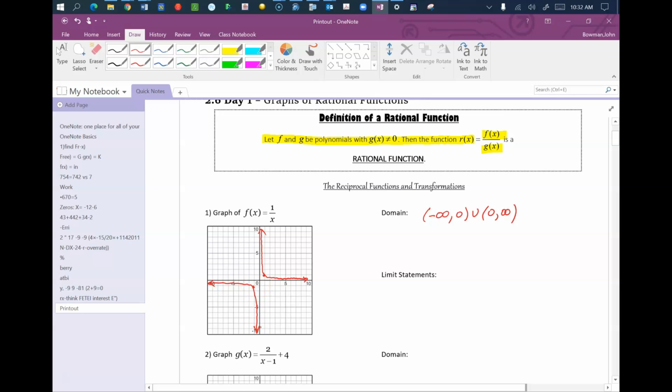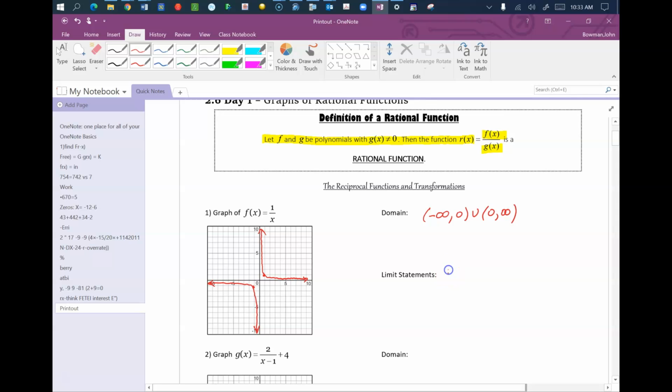We've got a vertical asymptote of x equals 0. So we can write down statements using limit notation to explain the behavior of the function or the graph near those asymptotes.